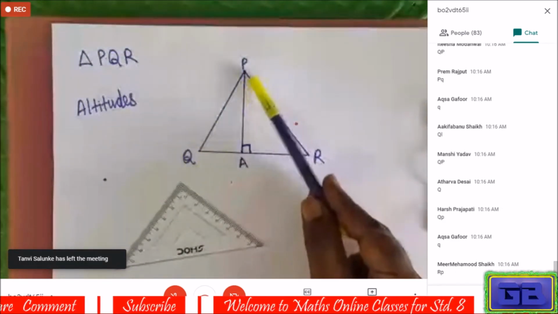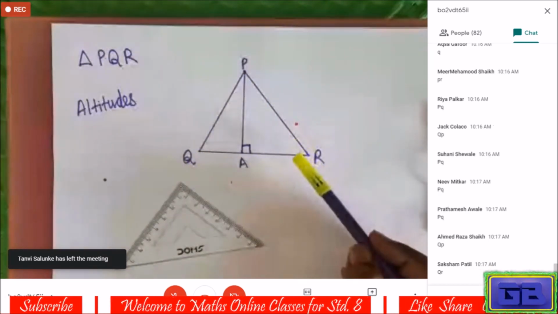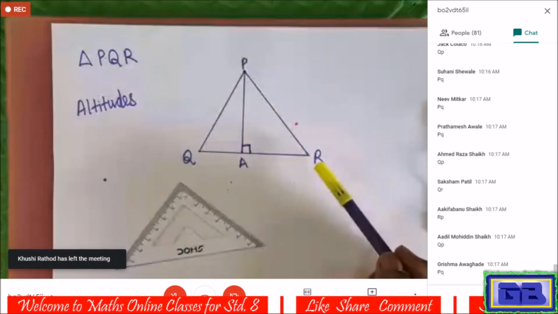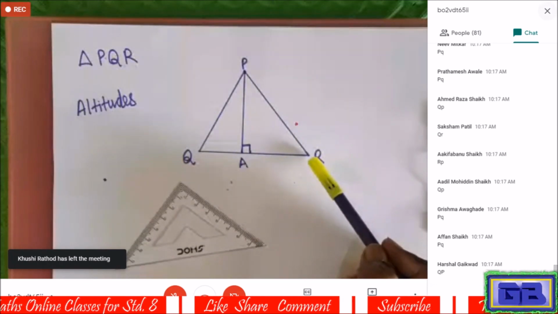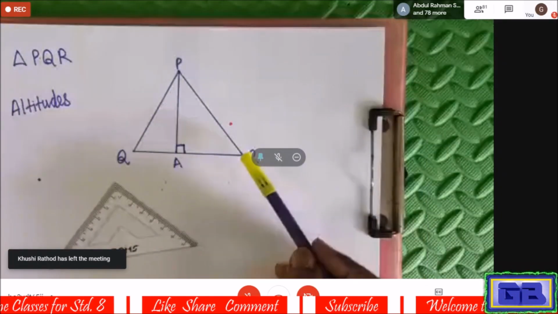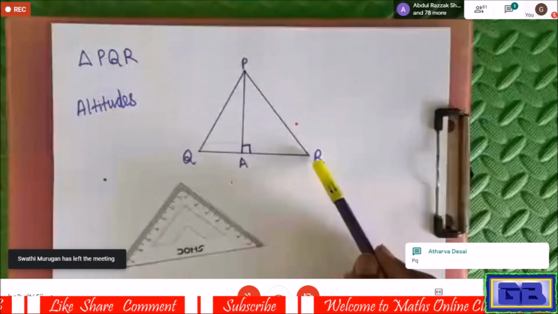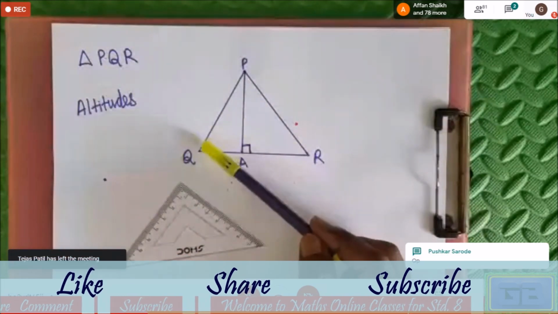Segment PQ or side PQ is opposite to vertex R. So when we draw the altitude from vertex R, its perpendicular will come on side PQ.